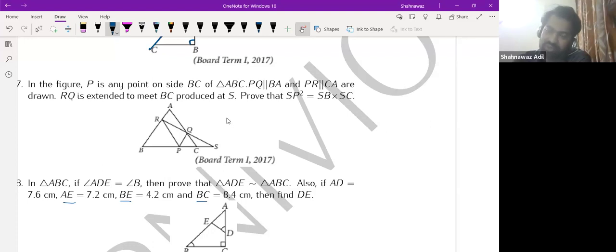We had to do it with similarity, but I could not figure it out with similarity. Yeah, it is not restricted that we have to do this with particular methods. There's no bound on methods. If we can do this by BPT, that is also okay. And if I can use the triangle one, that is also okay.